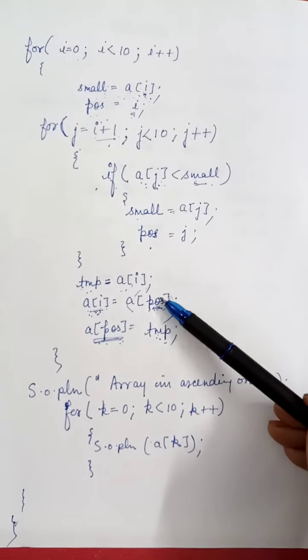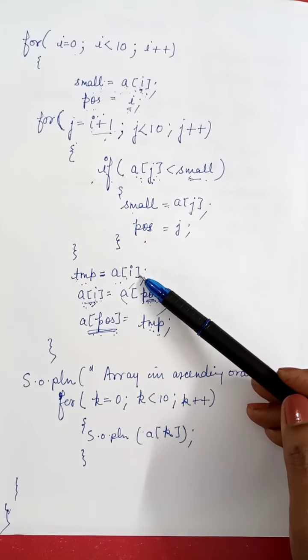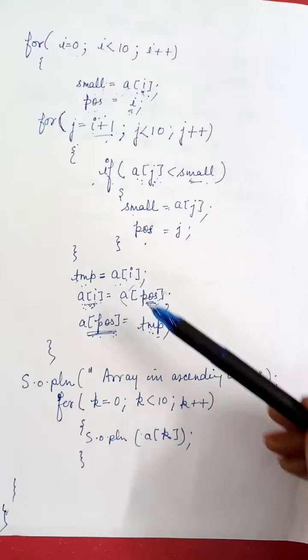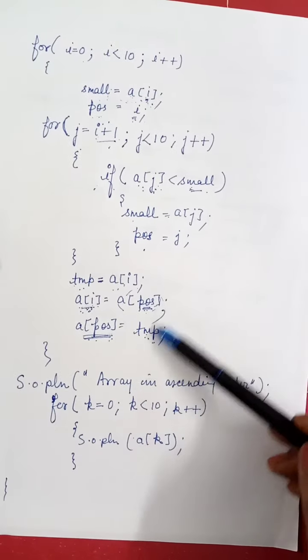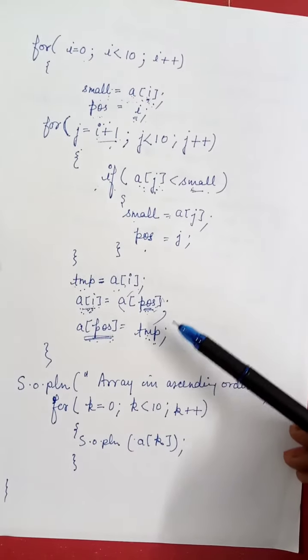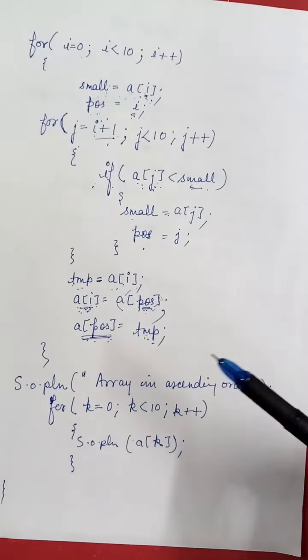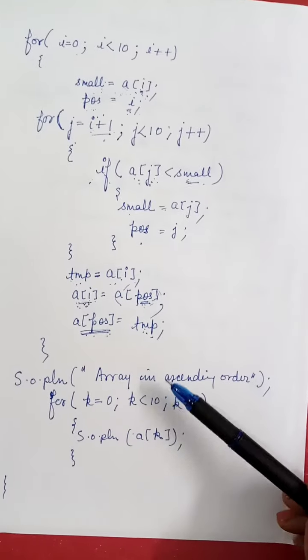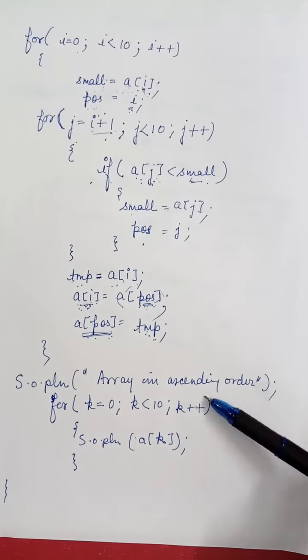So we are storing that within A of I, and whatever is in A of I, we have stored in TMP, and we are storing that within A POS. So this code is for interchanging the values of the smallest and the appropriate position value. Now we have to print the array in ascending order through this code.